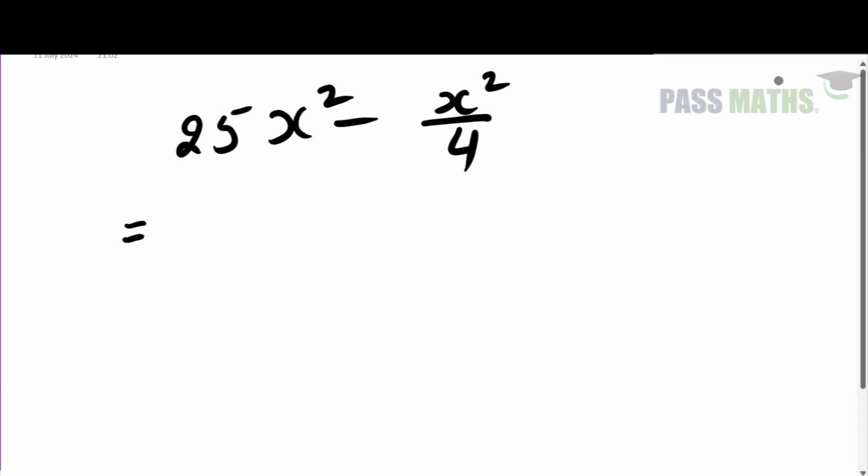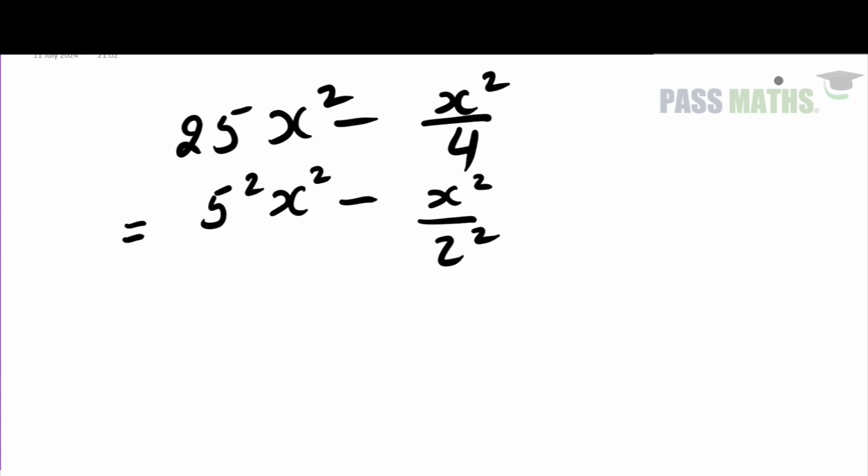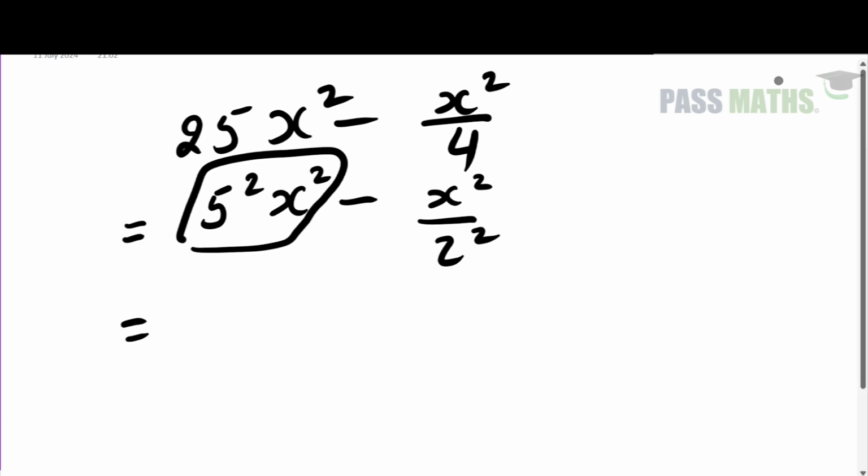So what can we write? 25 is 5 squared, x squared minus x squared over 2 squared. So can you see what I try to do? I'm trying to write them all as squares, because the topic's name is factorize difference of 2 squares. So what do we do here then? So let's tidy up. So 5 squared x squared, we can write as 5x squared. Looks much better than this.